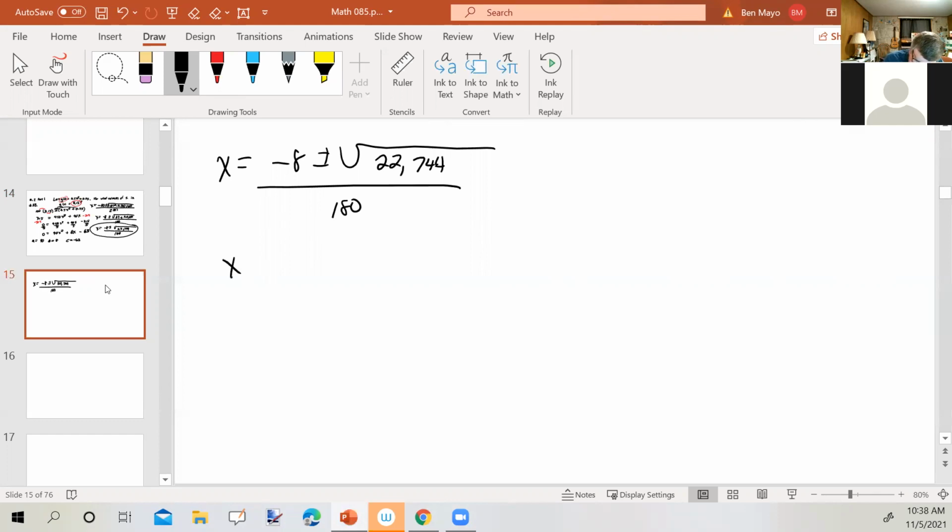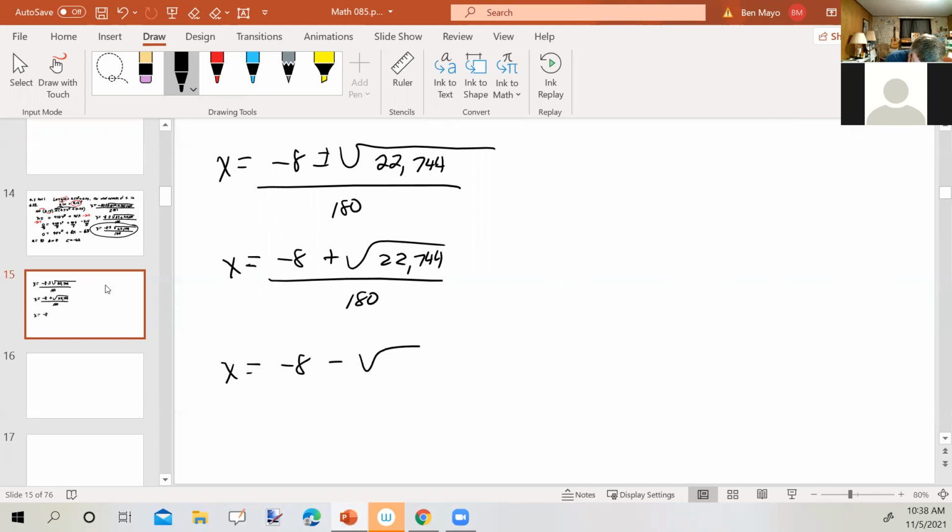So we're going to get x equals negative 8 plus the square root of 22,744 all over 180, and x equals negative 8 minus the square root of 22,744 all over 180. But we are to find decimal approximations. Now, could I simplify the radical 22,744? Sure, probably finish about lunchtime. But I don't need to do that because they just want that final decimal answer.